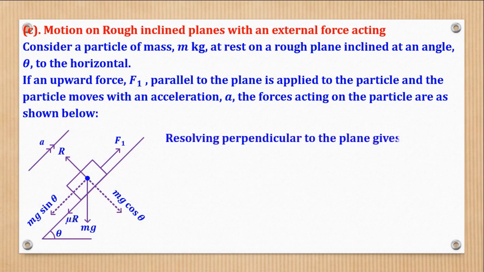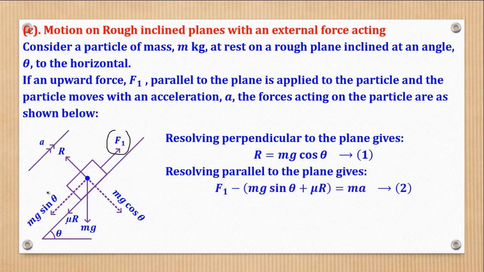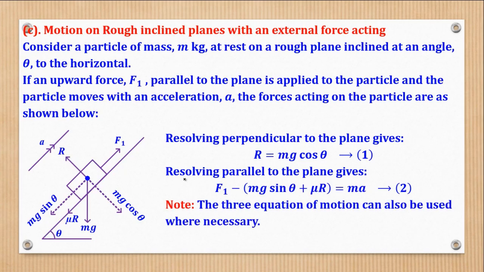So we shall now resolve perpendicular to the plane. Resolving perpendicular to the plane will give R equal to mg cos theta. Then resolving parallel to the plane, F1 minus the sum of these two equals ma. So those are the two equations that can be used, and also the three equations of motion are applicable.